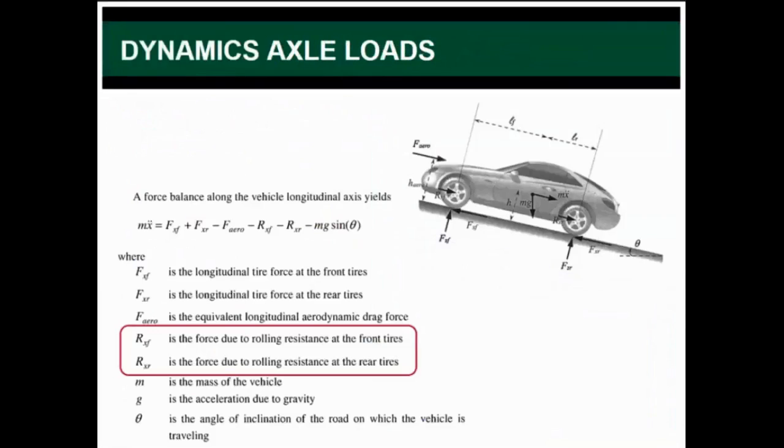Okay, where is the rolling resistance? For example, the vehicle climbing the road. So the rolling resistance at front tire ini. Direction against the vehicle travel. So rolling resistance at rear tire ini.